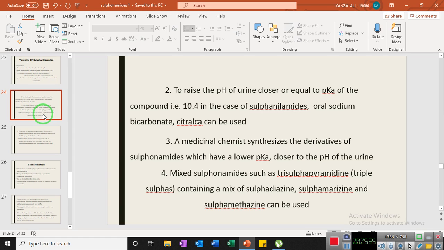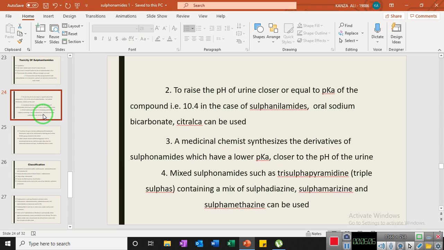inhibited. In the first strategy, we have forced the patient to take more water that will dilute the urine, while in the second strategy, we have directly tried to increase the pH of the urine. We are talking about the parent compound. The pK of the parent compound is 10.4.